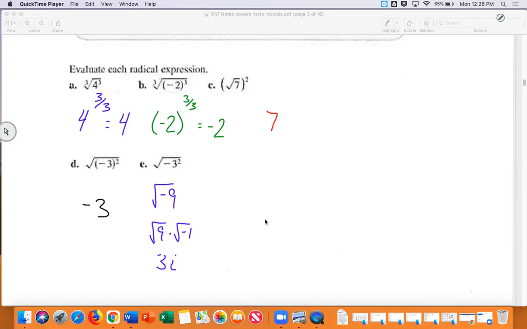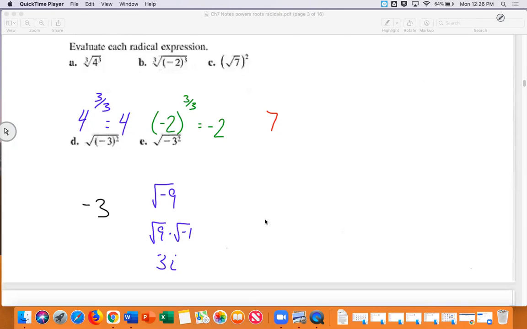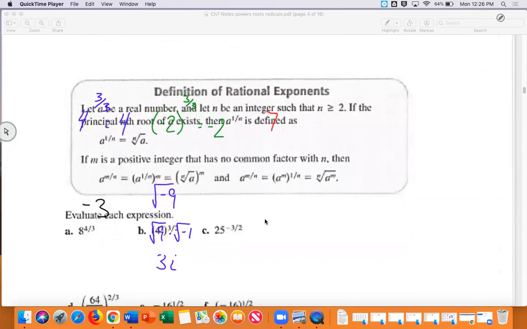Do you see that, Nikki Grantland? I took my thumb here, my pointer finger, and I rotated it up. So the number outside of the root, that's my denominator. The number inside, that's my numerator. All right, so let's go on to the next page.